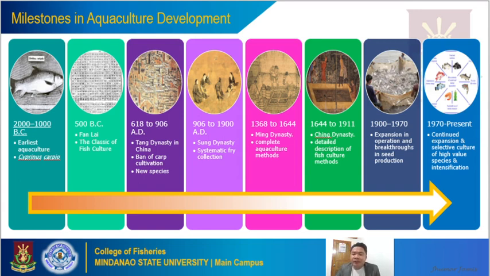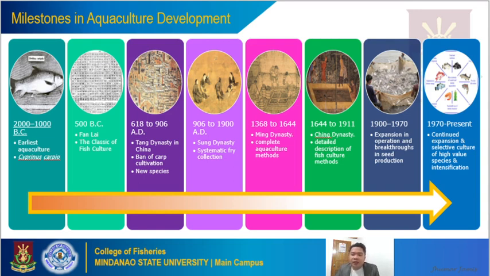And then in the 1900s to 1970, aquaculture had already expanded worldwide, and there were already breakthroughs in seed production in captivity. And from 1970 to present, it continued to expand.